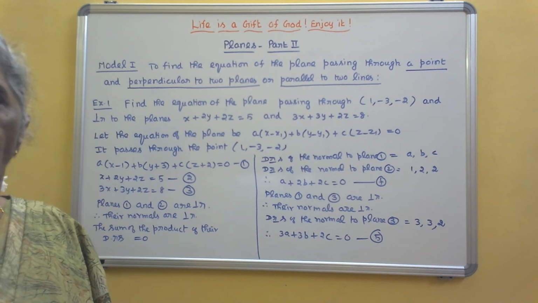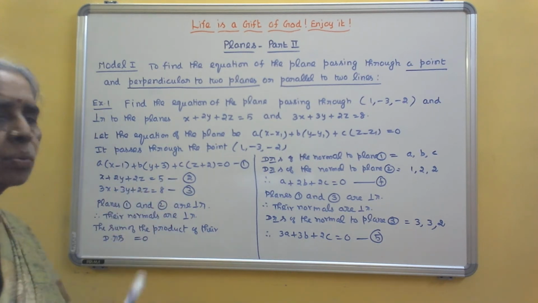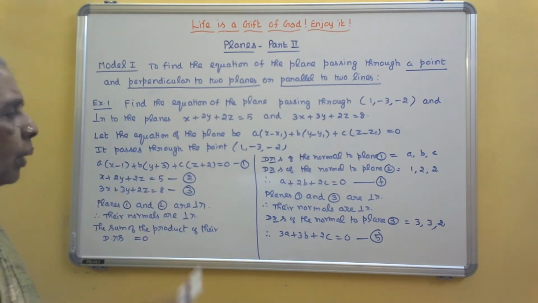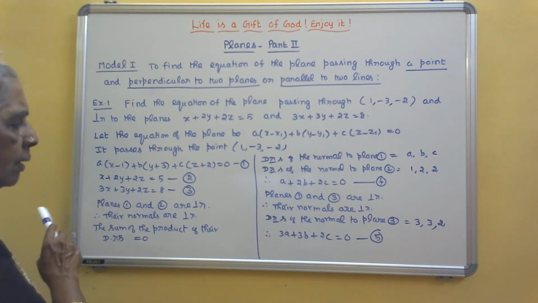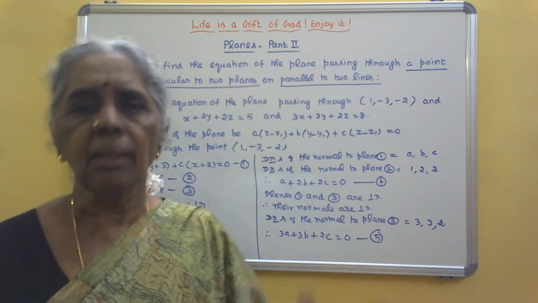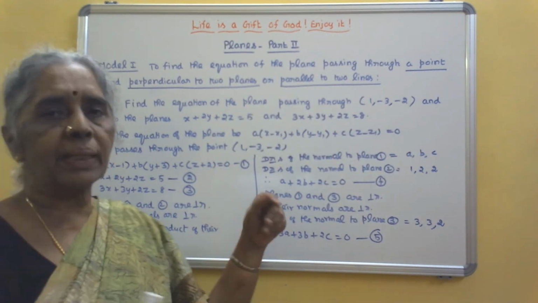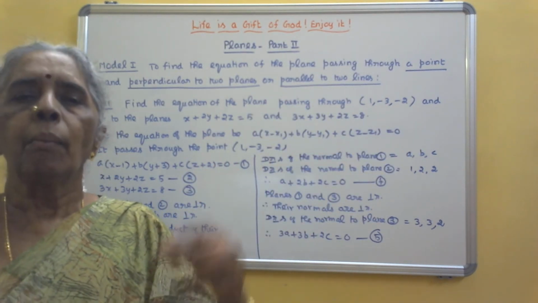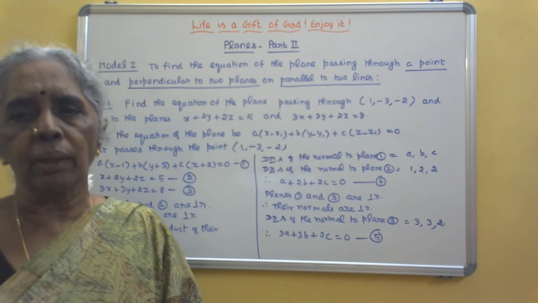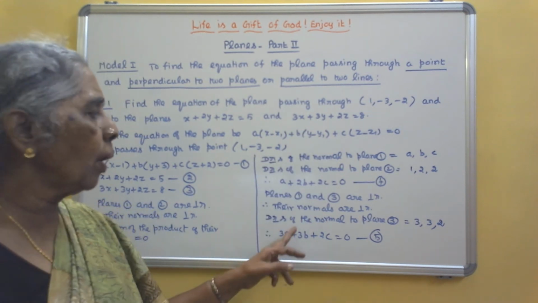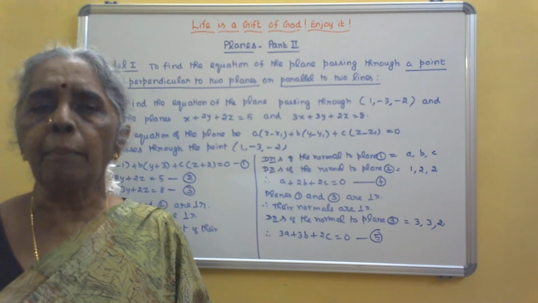They have given you two perpendicular planes, write them as 2 and 3. Now you know planes 1 and 2 are perpendicular, so their normals are perpendicular. The sum of the product of the DRs is equal to 0. You got one equation in a, b, c. Planes 1 and 3 are perpendicular. Using the same concept, you got another equation in a, b and c.